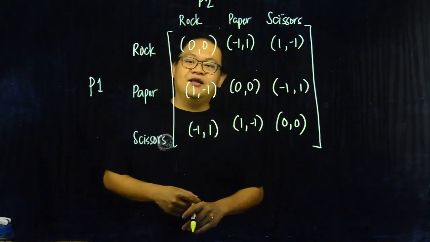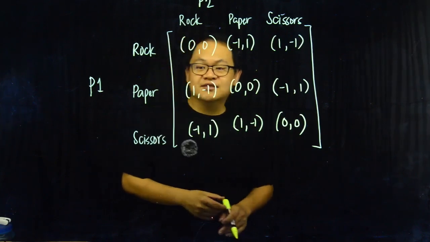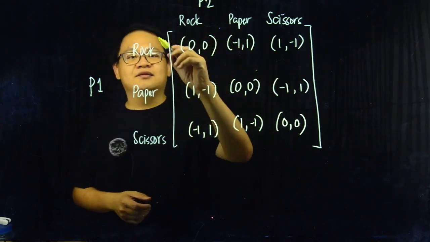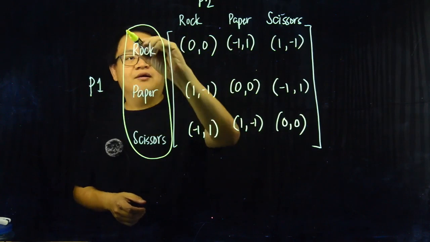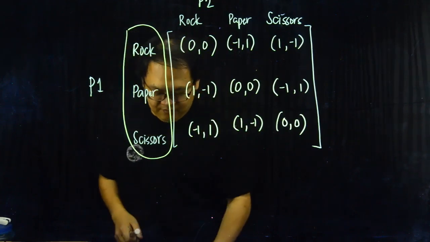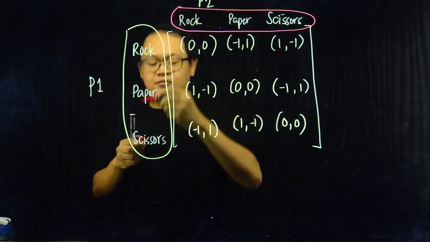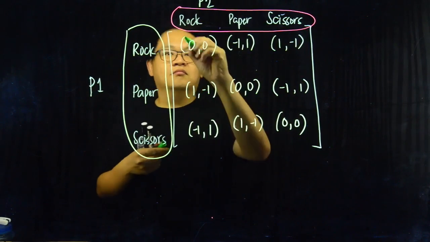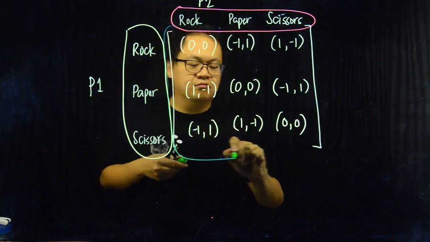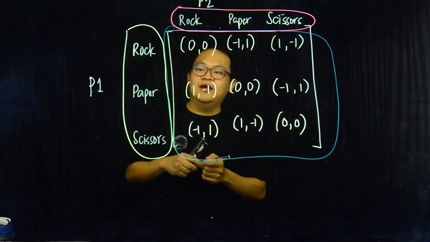Okay, and let me take this instance to show you the three different components of a game theory problem. Let me encircle 1, 2, 3. Okay?